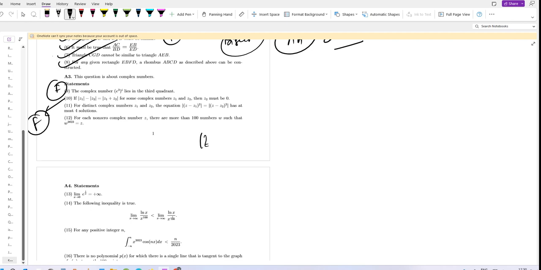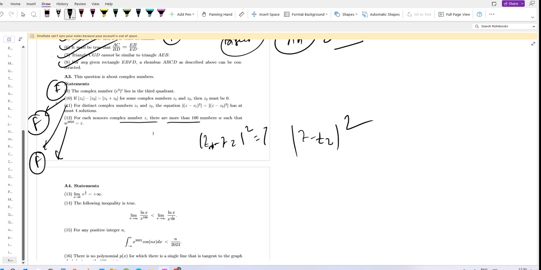It can be simplified as the square of z minus z1 equal to the square of z minus z2, and this implies the distance from these two points is equal. Therefore the equation has infinitely many solutions, not just 4 solutions. So this is also false.